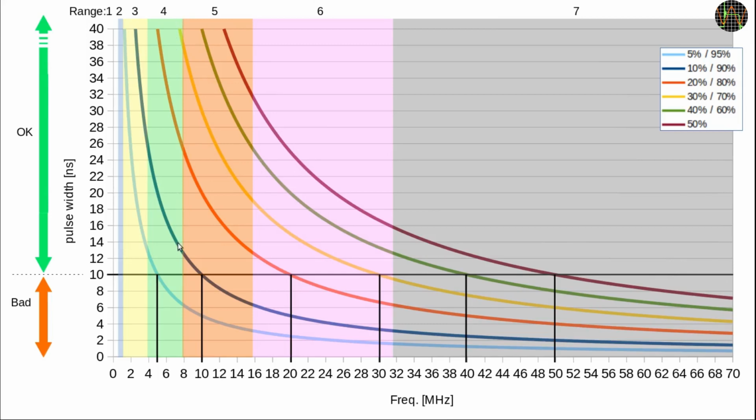The higher the frequency, more and more duty cycle plot lines dive under the 10 nanosecond boundary, indicating that a signal with that duty cycle can only be measured for sure if the frequency stays below the intersection point. So 5% or 95% duty cycle signals will generally work up to 5 MHz, 10 or 90% up to 10 MHz, 20 or 80% up to 20 MHz, and so on.